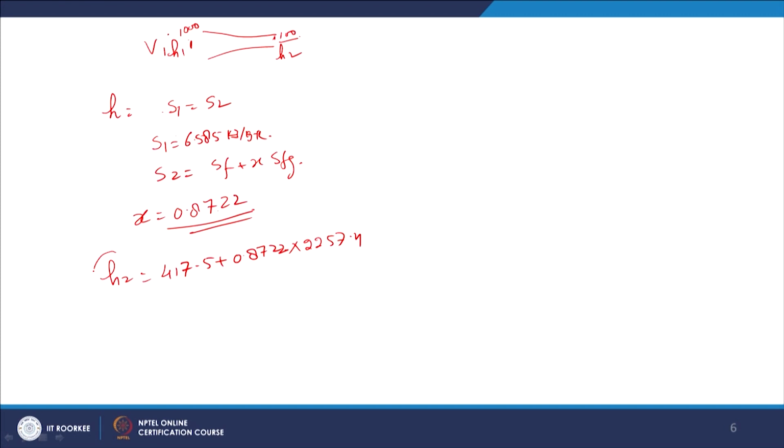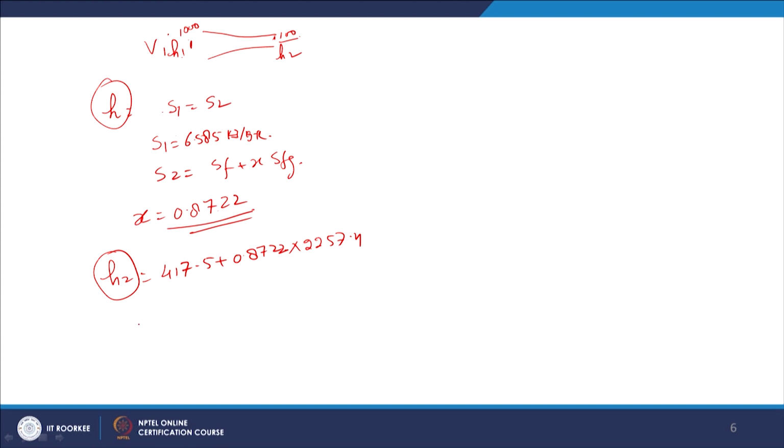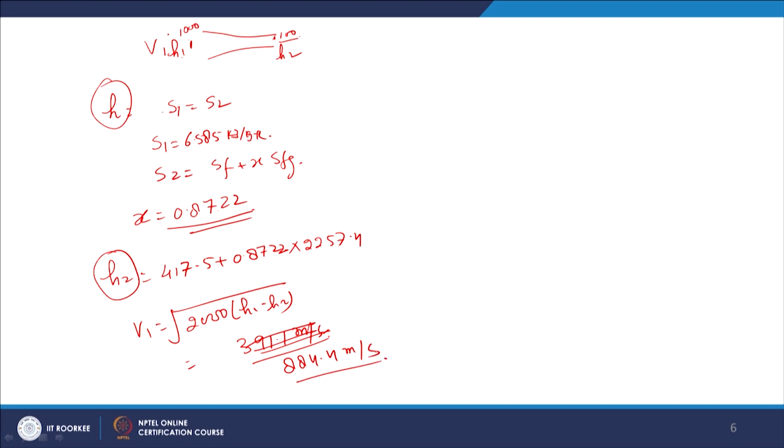Now once we have the value of H2, H1 is already with us, because it is a saturated steam, so Hg we can take from here, right? And then V1 is equal to under root 2000 times H1 minus H2, and that is going to be 391.1 meters per second. Sorry, this is wrong, 884.4 meters per second. So this is the value of V1.